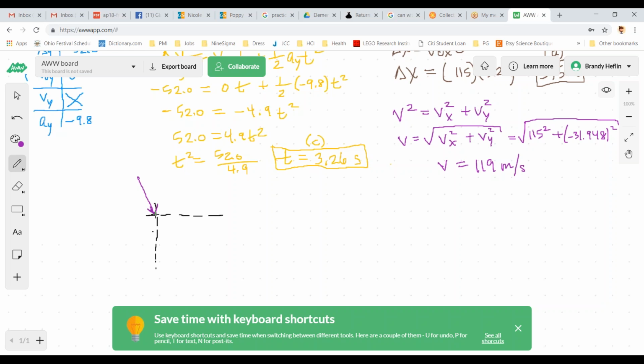Well, I'm just going to make that easy and put my vector that represents the velocity of the arrow with its tail at the origin, just because that makes it easier to visualize. There we go. Where's the angle I'm going to talk about? Maybe we want to talk about the angle of the arrow's velocity being below the horizontal. So there are the components we were just dealing with.